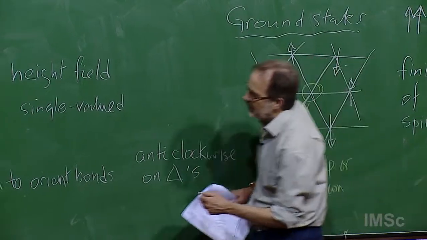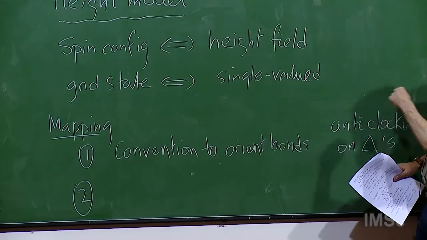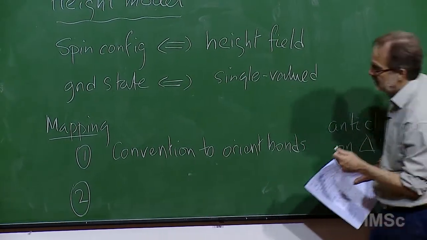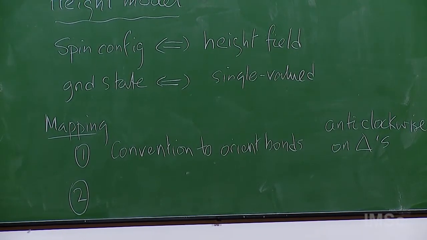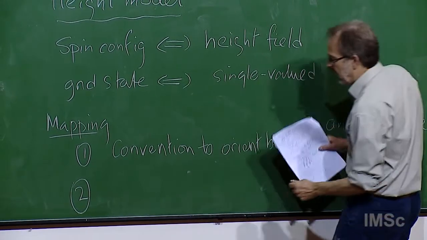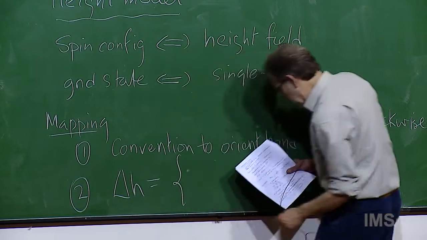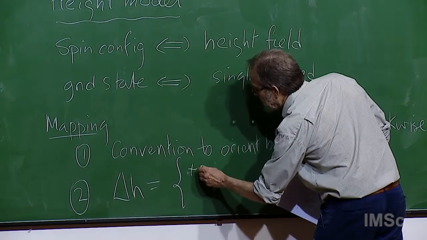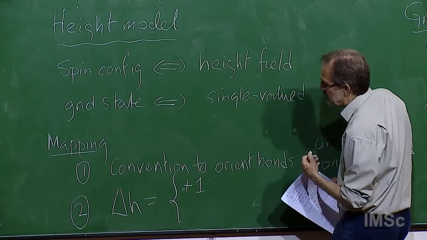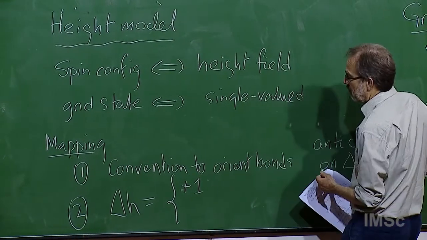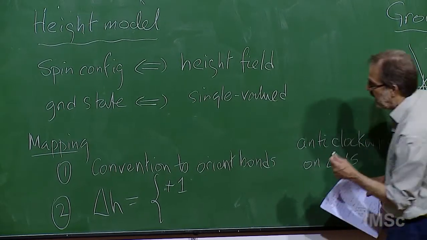And then I say that the height difference when I go from one side to the next, or rather I should say, first of all, I define heights on the sides of the lattice, and the height difference is going to be +1 if I have an unfrustrated pair of spins on the bond I'm traversing using this orientation convention.